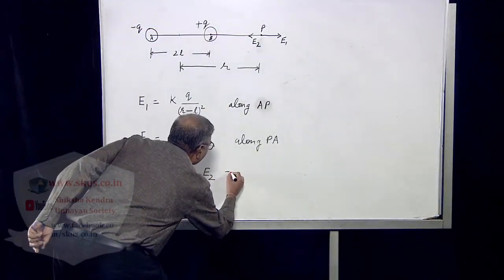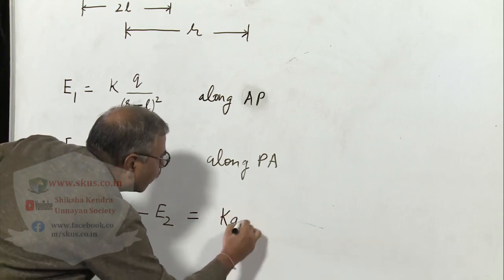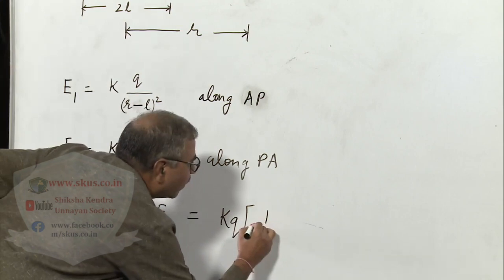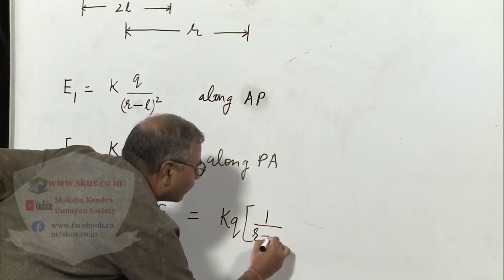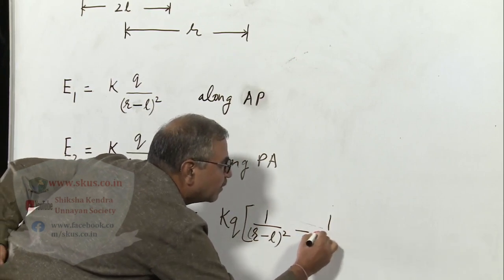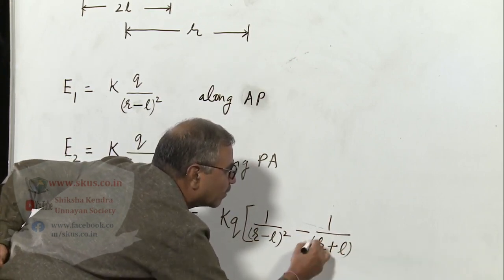It will be K q times 1 upon R minus L whole square minus 1 upon R plus L whole square.